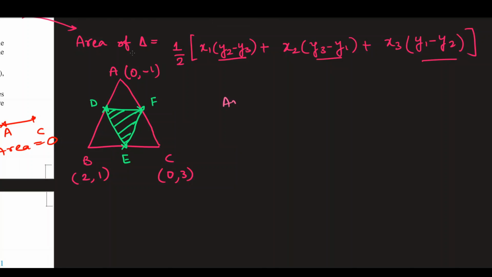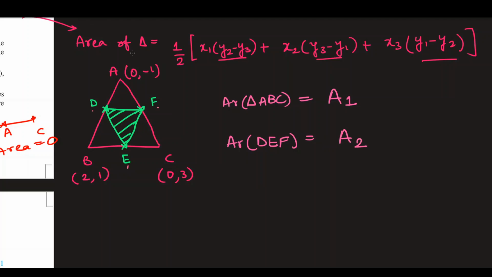Okay, so first find the area of triangle ABC. Suppose the area comes out to be A1, then find the area of DEF, and suppose this area comes out to be A2. How will we find D, E, F?